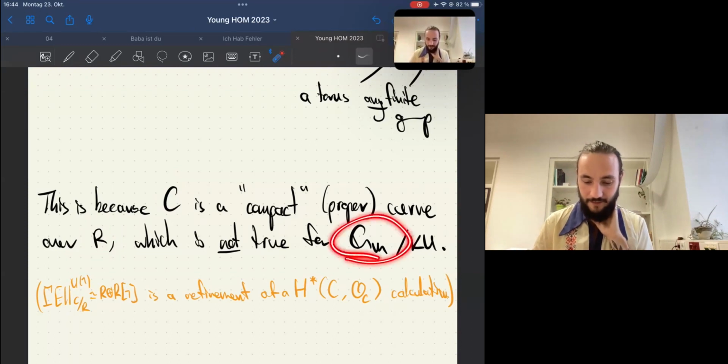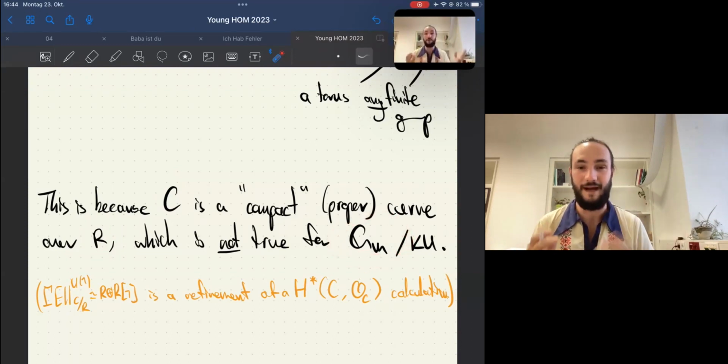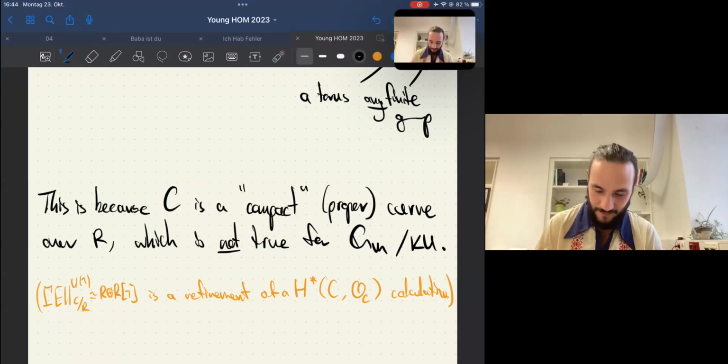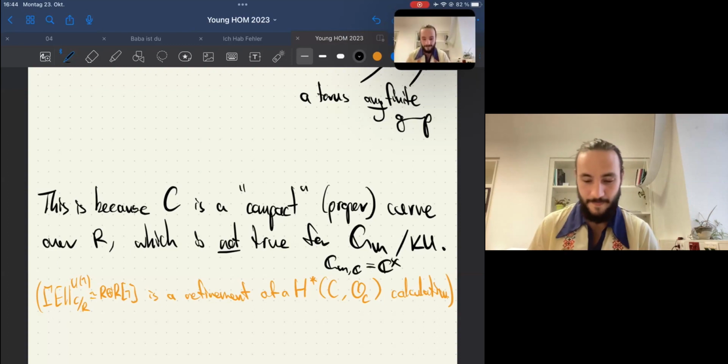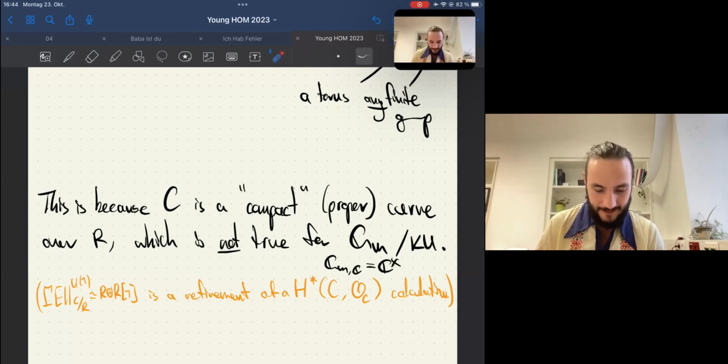Whereas here, you have something that is not compact. Although I wrote down G_m as kind of being like S1, it's better thought of as being something like C star, which is not compact. And you can think of some sort of formula like this as being a refinement of a cohomology calculation for these groups here.